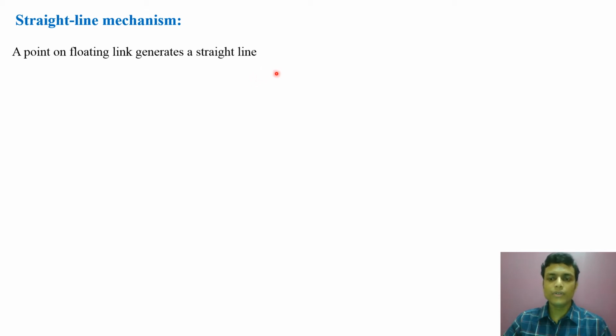Now, we all know that we get straight line motion with a prismatic pair. But a prismatic pair does not generate a straight line. Rather, it copies the straight line.